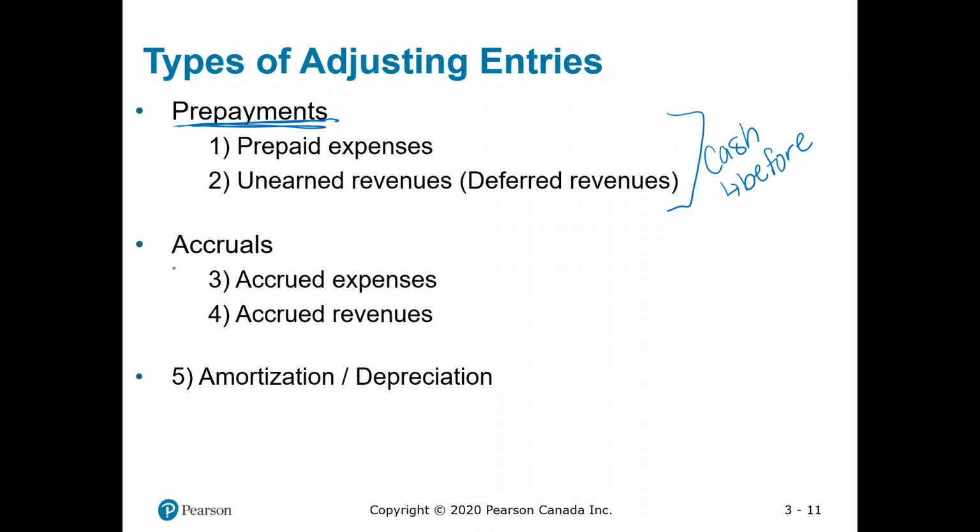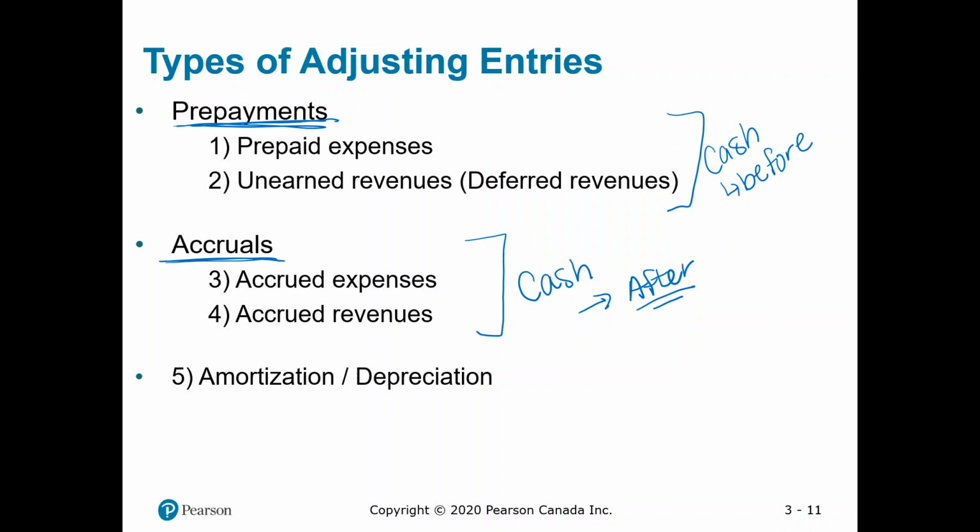The next type is accruals. And under here we see accrued expenses and accrued revenues. For these types, cash changes hands after revenues are earned and expenses are incurred.